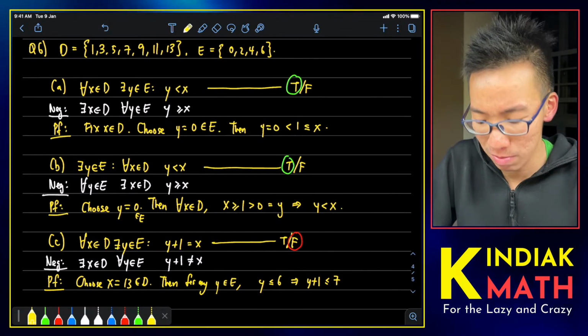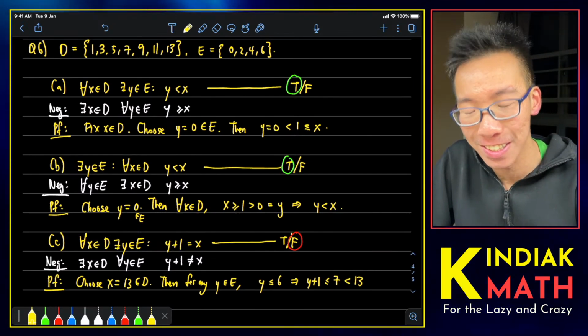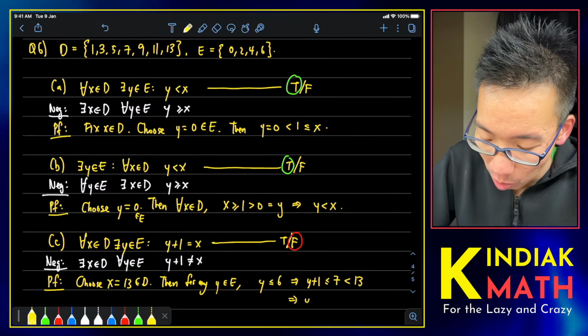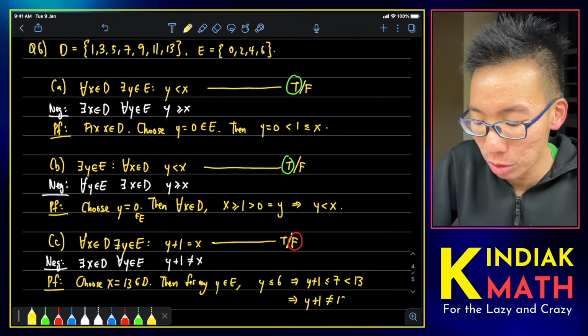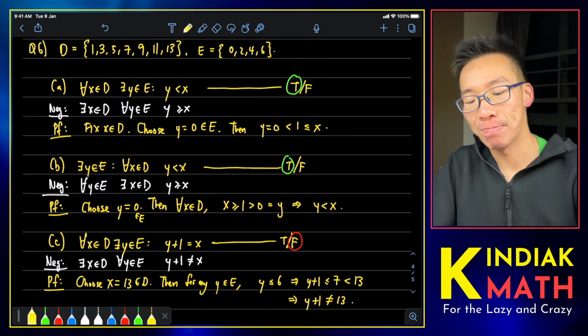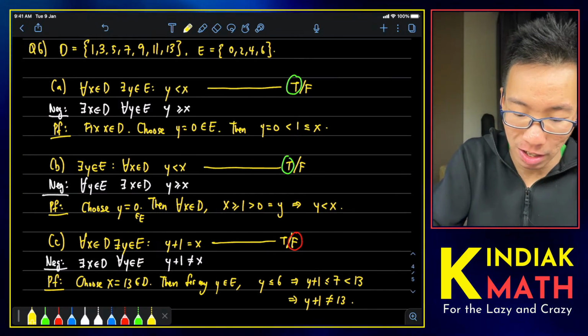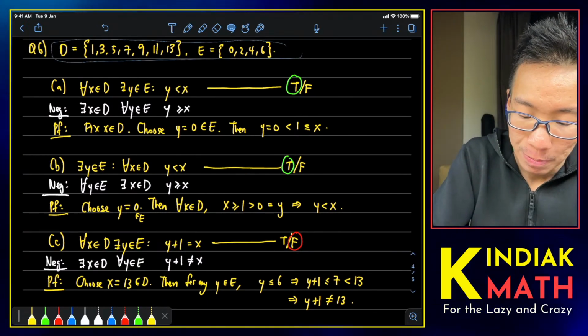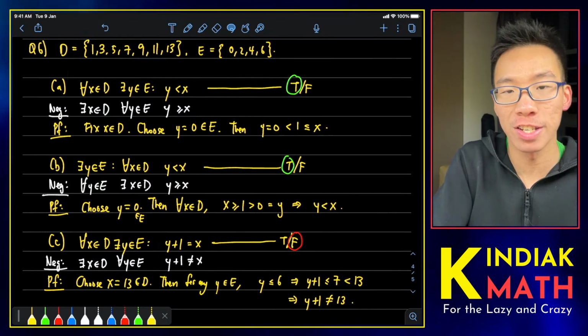But 7 is really small compared to 13. And therefore, y plus 1 can never equal 13. And there we have it. The original statement is false, because we proved that the negation is true.